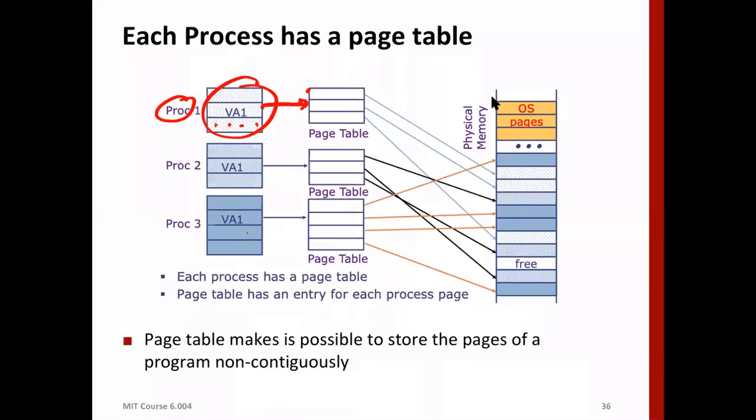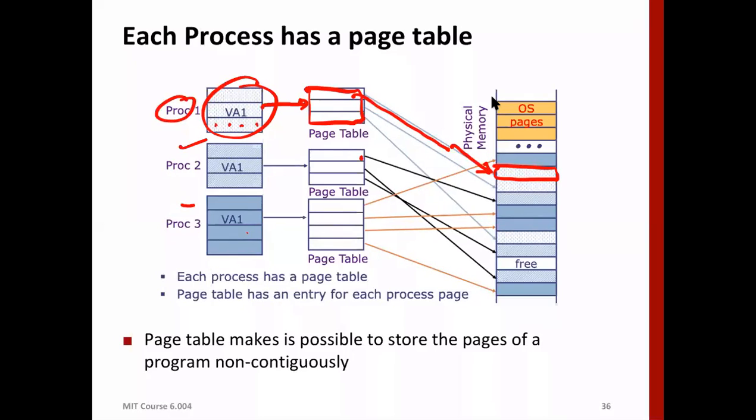Each process has a dedicated page table, and in that page table we see whether the page is available. If it is, it maps to the corresponding physical page here. So we can get the physical page address, go here and read whatever byte we want. The same holds for the second process.